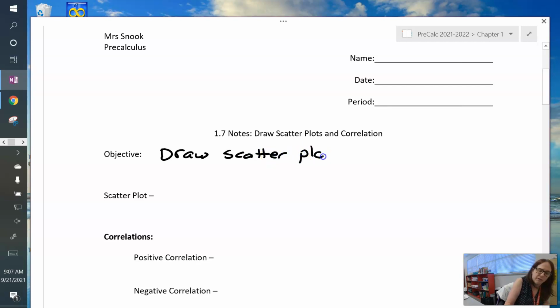This will be a very calculator dependent lesson, so please make sure you have your TI-84 out and available.